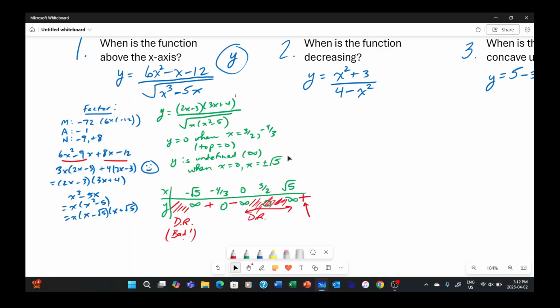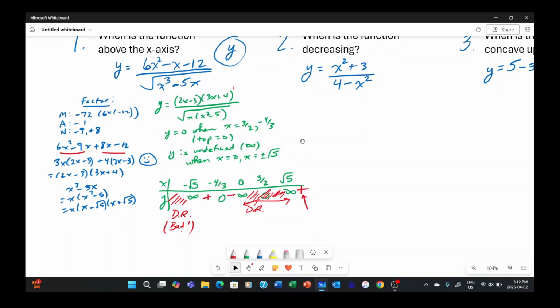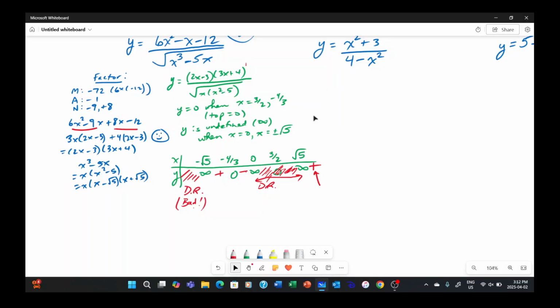I'm going to go off to the side here for a quick second because some of you are very perceptive and you'll want a faster way to do that. If you think about the graph of the cubic, it's actually right here, what does the piece underneath the root look like? Well, at negative root 5 it hits, at 0 it hits, and at root 5 it hits. And this is a regular cubic, so it starts low, ends high.